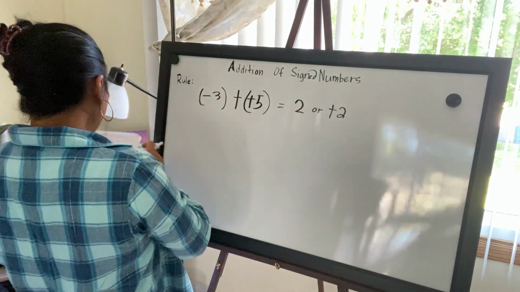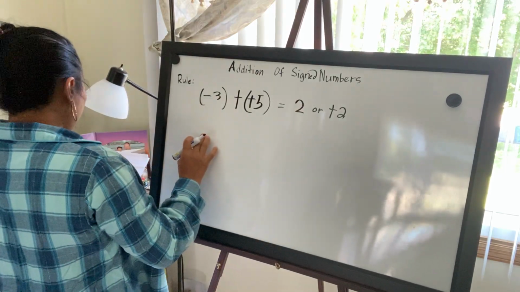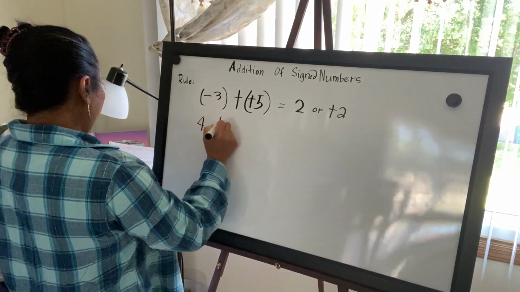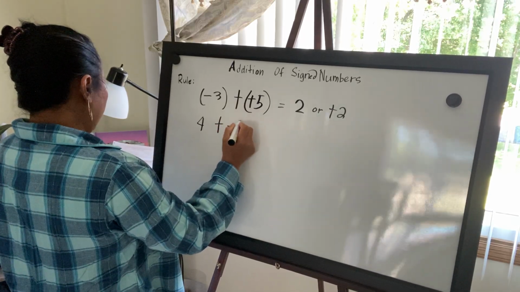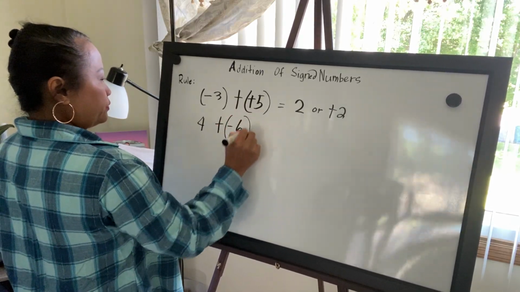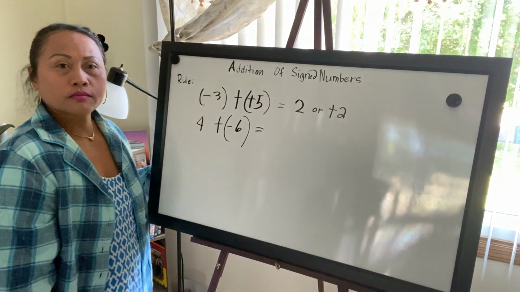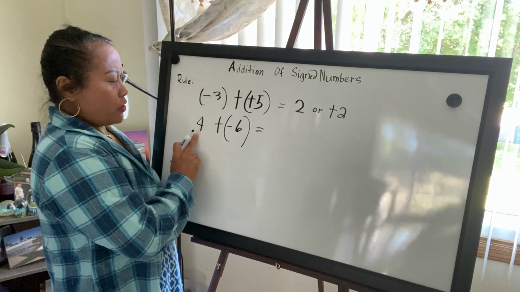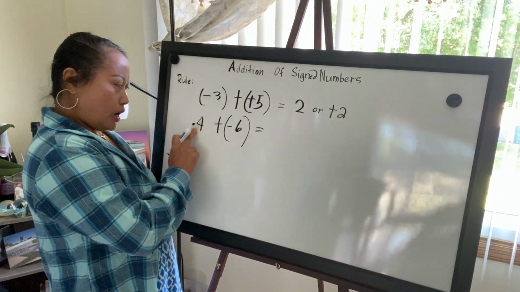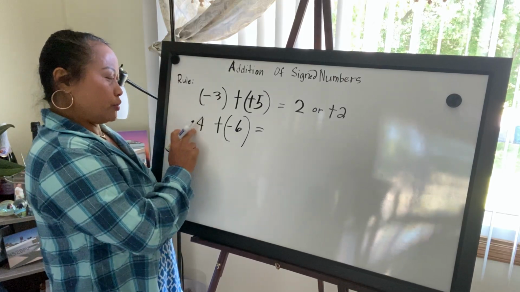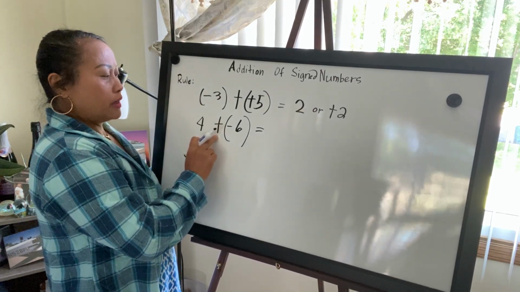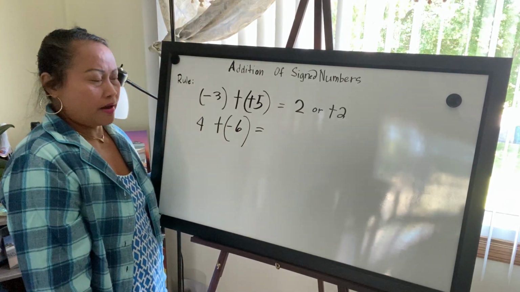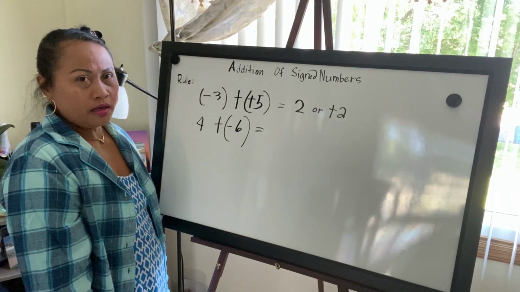Okay? Another example. 4 plus negative 6. Now look at the number. Positive 4. A number without a sign is considered positive. So this one is positive 4 plus negative 6. Now they have different signs, so we will find the difference.